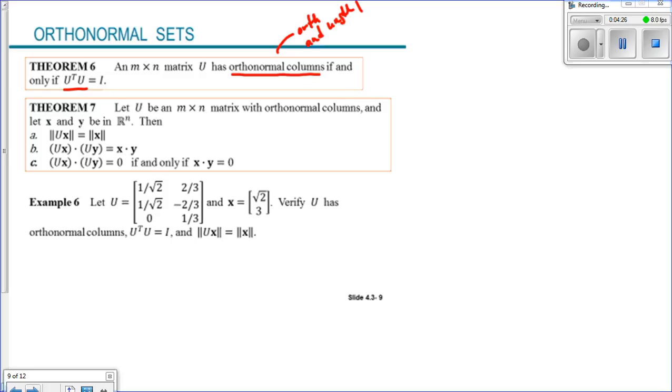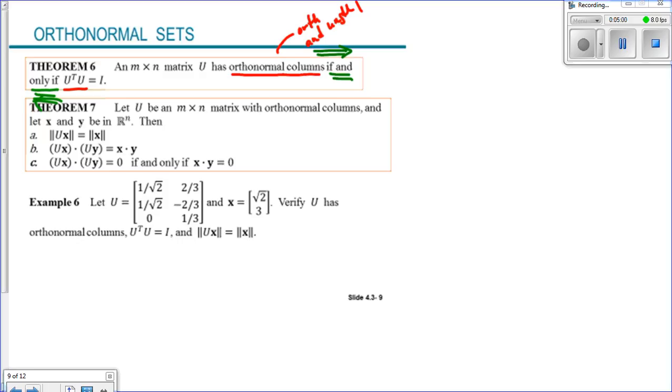And it also means that if U transpose times U is the identity matrix, then U has orthonormal columns. So this is an if and only if, meaning that you can read the condition both ways. If it has orthonormal columns, that will imply that U transpose times U is equal to I, or if U transpose times U is equal to the identity, that will imply that U has orthonormal columns.